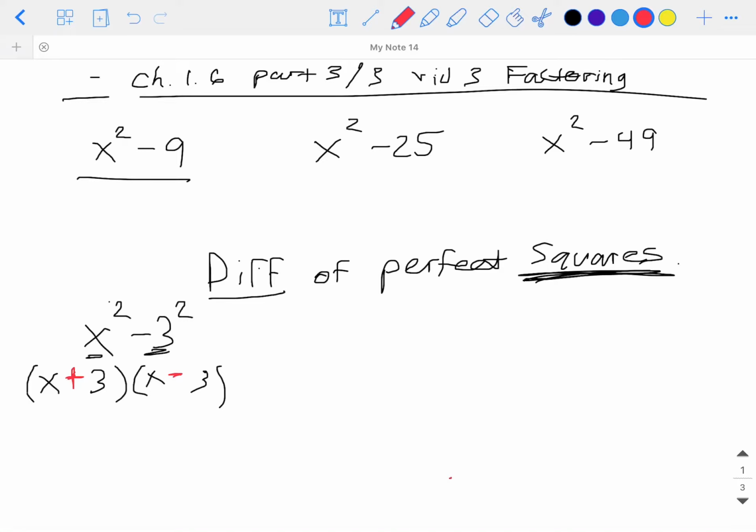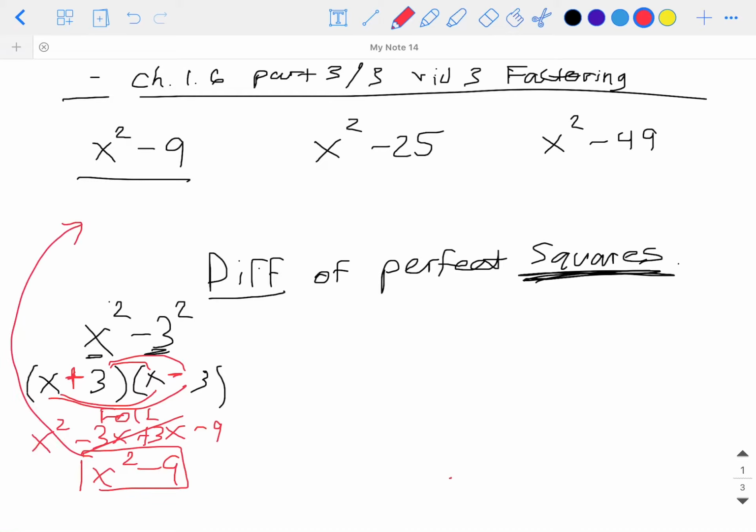And we can confirm that this is the correct answer by FOILing out. x times x is x². x times negative 3 is negative 3x. The inside, 3 times x is plus 3x. The outside, 3 times negative 3 is negative 9. The middle terms cancel out, giving you x² minus 9, which is exactly what we had at the beginning.